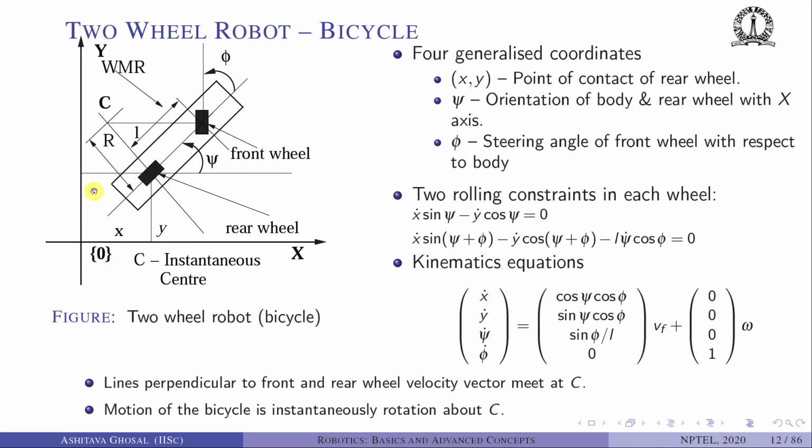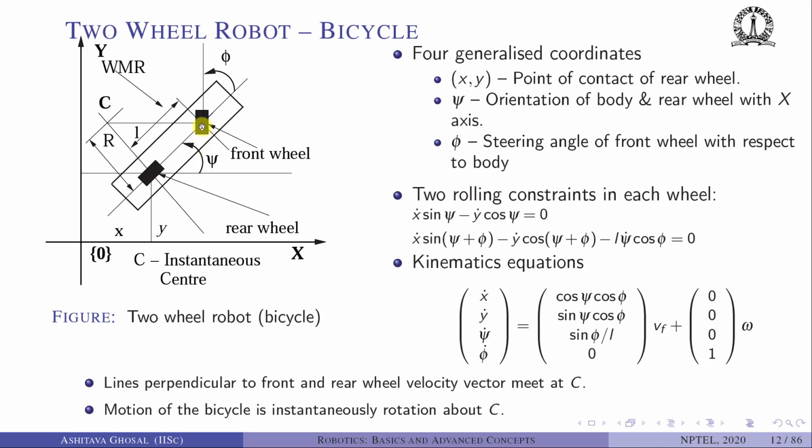So this is the x-axis, this is the y-axis, and this is the fixed reference coordinate system 0. So at x and y, there is an angle psi, which represents the body and the orientation of the rear wheel. And then there is a steering angle phi of the front wheel.